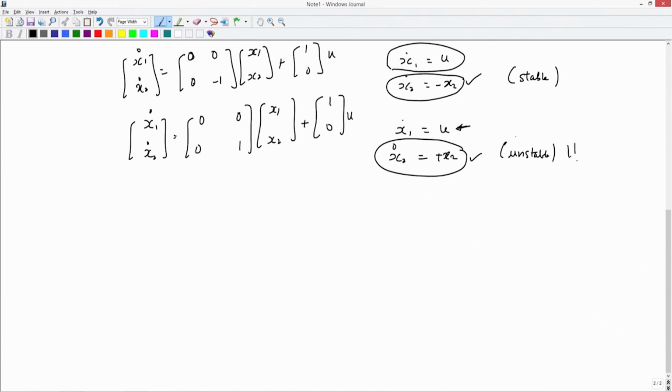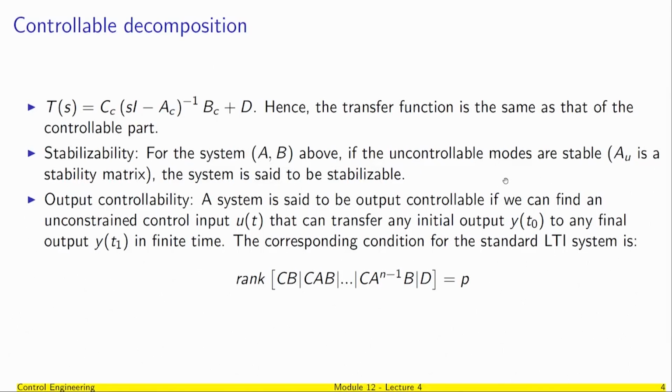So, there is nothing I could do with this kind of systems, and therefore, we now have a weaker notion of controllability, that is stabilizability. For the system (A, B), if the uncontrollable modes are stable, then the system is said to be stabilizable. I can do something with the system only if the uncontrollable modes are stable.